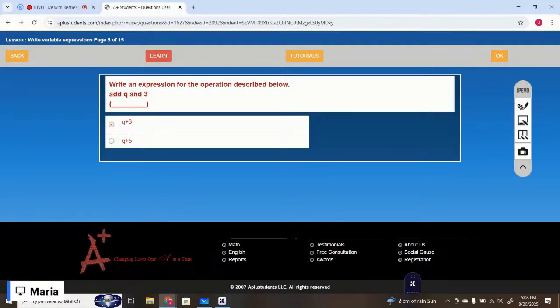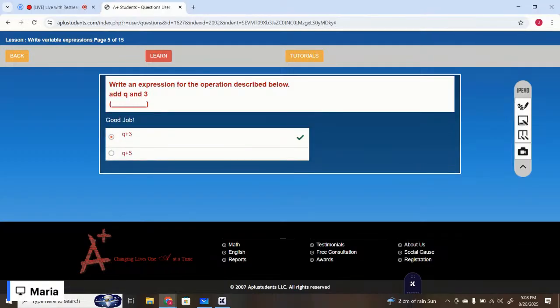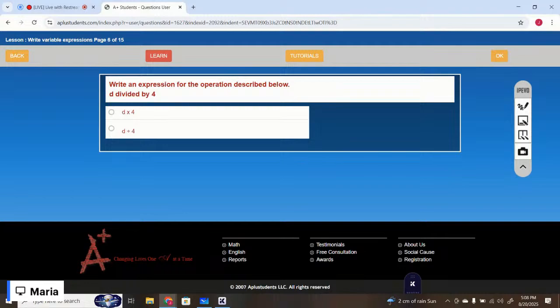Option number 1 is the correct option. q divided by 4.